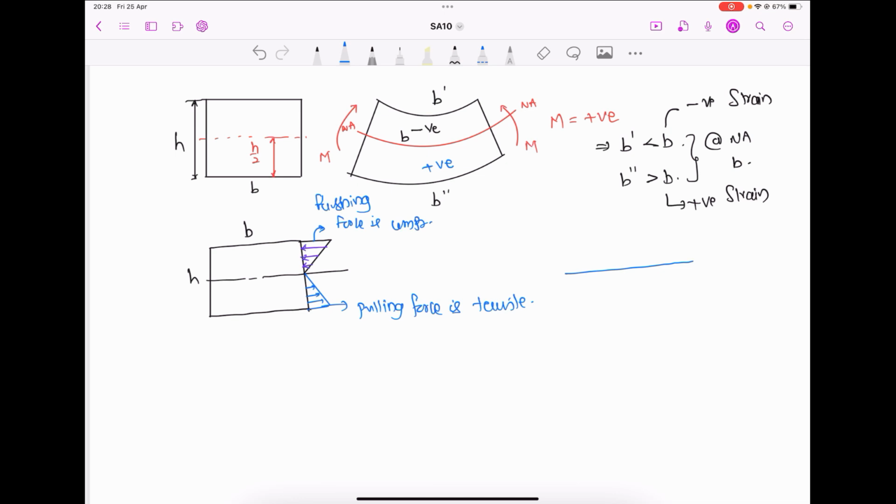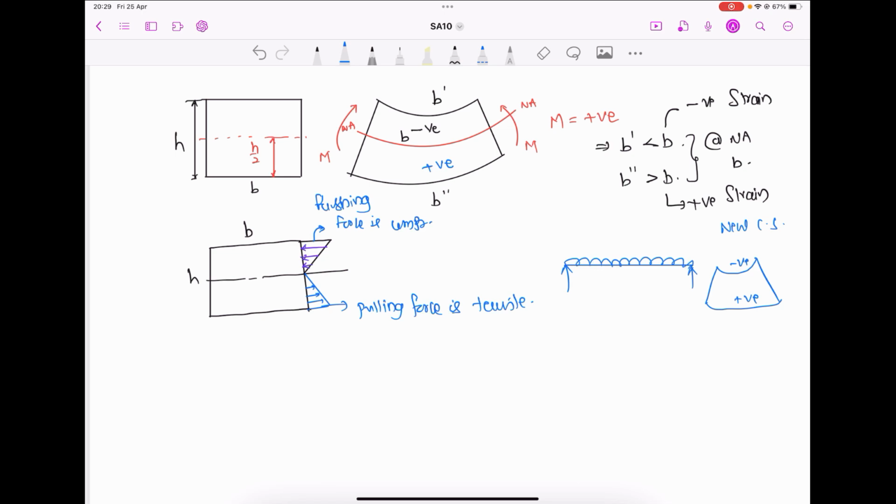If the loading is like this, there will be negative strain at the top and positive strain at the bottom, because it will be like this. The new cross section. This is negative, this is positive.